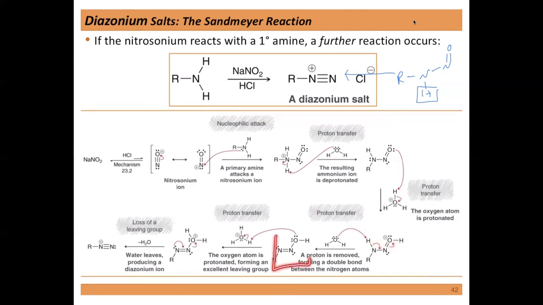So this should look very similar to chemistry that we just talked about. If not, a little squinting will help you realize that that looks an awful lot like an enol. The difference is, instead of a carbon-carbon double bond, you have a nitrogen-nitrogen double bond. And so you could say that this reaction is just an enolization under acidic conditions.